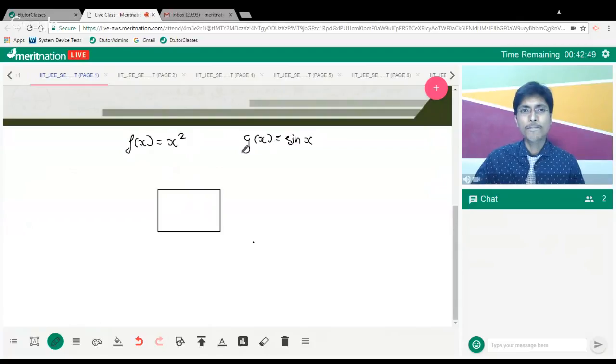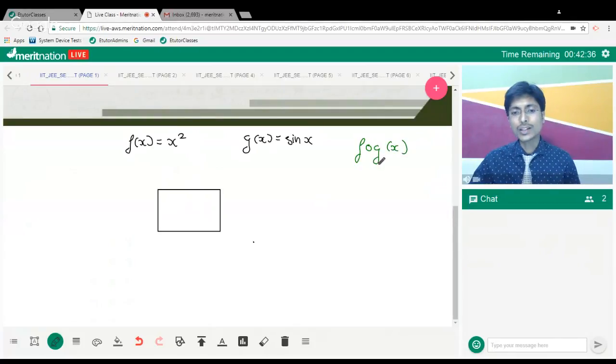Now guys, if I say fog, what exactly does it mean? In the function f(x), I'm sending g(x) as the input. So let's say this is my function f(x). What's going as the input in this? g(x) is going as the input.